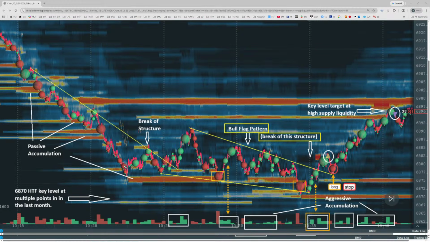We're looking for where they absorb the selling pressure, and right now they didn't totally absorb it. There was still more selling pressure. We want to see when this context is absorbed.